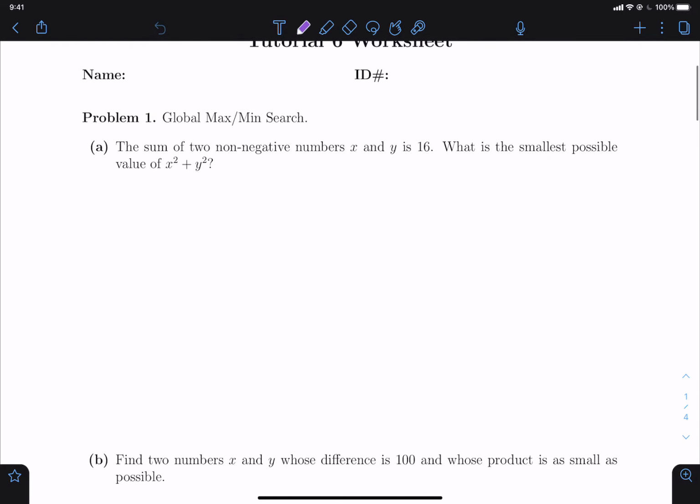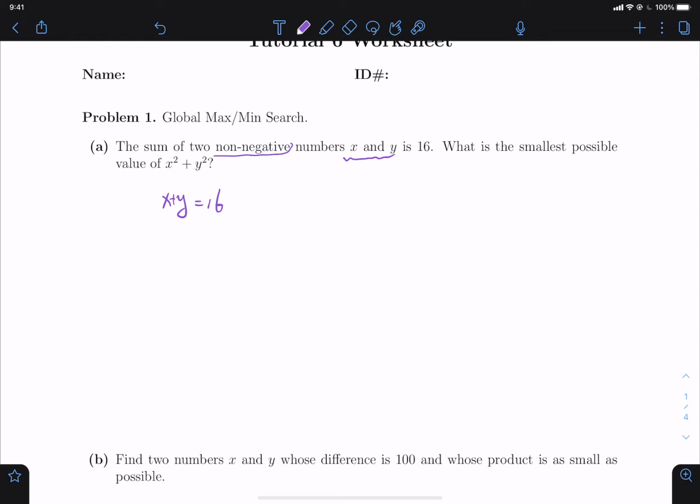Question A: the sum of two non-negative numbers x and y is 16. What is the smallest possible value of x squared plus y squared? What we know here is that x plus y is equal to 16, and these two numbers are both non-negative.